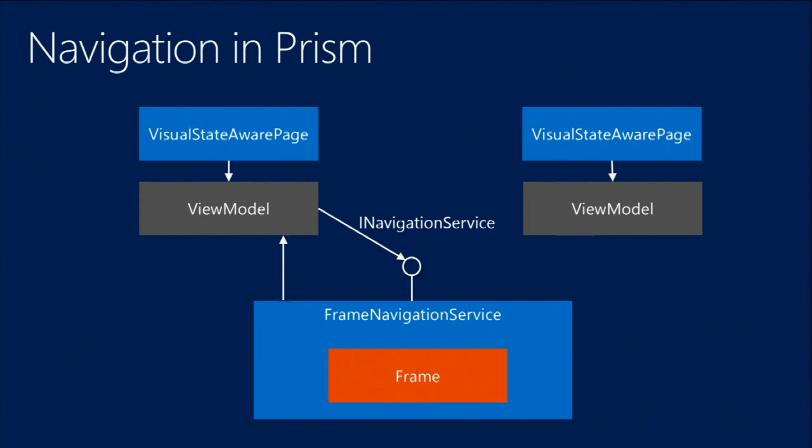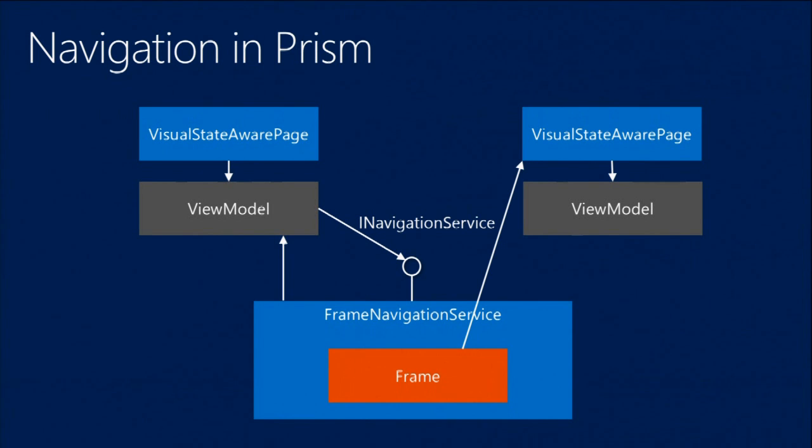So the frame navigation service here calls back to the departing viewModel, giving it a chance to do cleanup. It may need to call a service to persist the data that was on the screen. It may need to unsubscribe from events or things like that to avoid memory leaks. So this callback is your opportunity to do that.